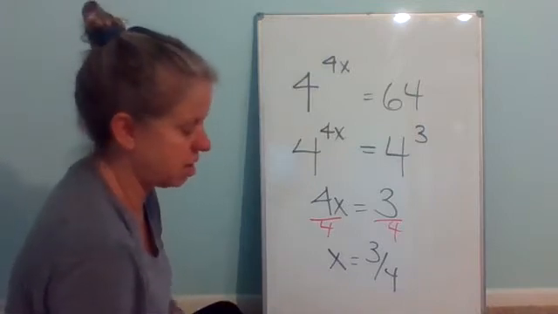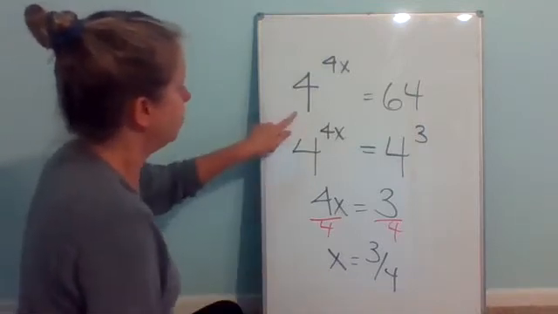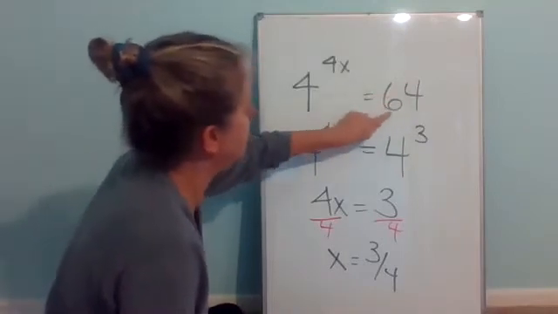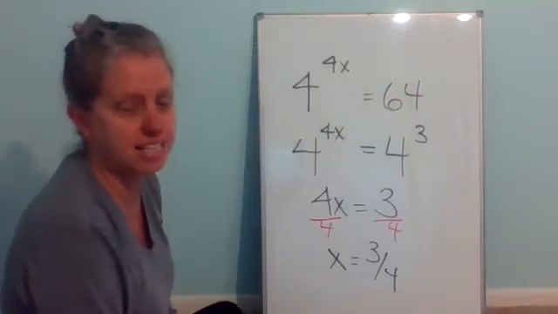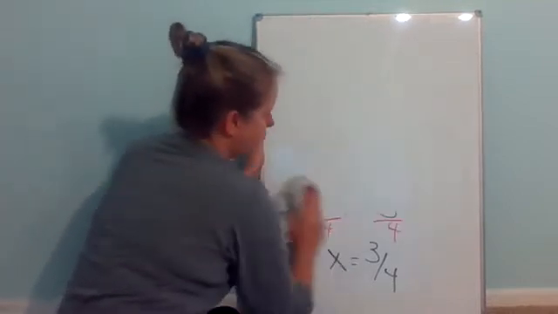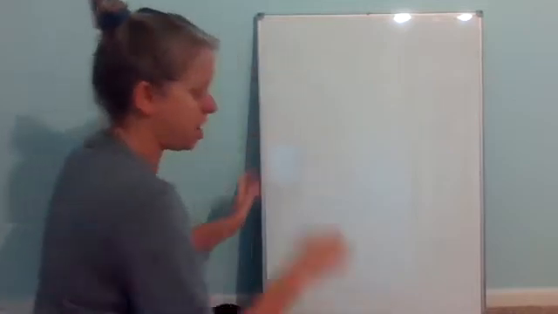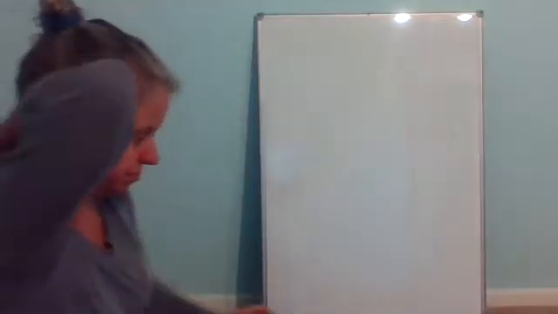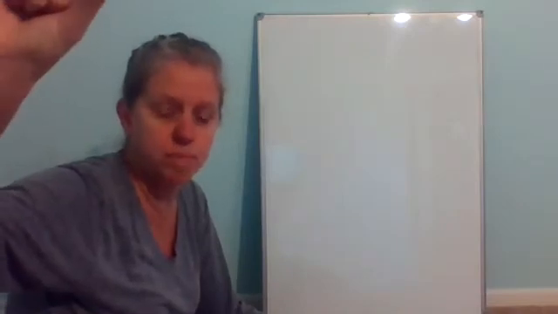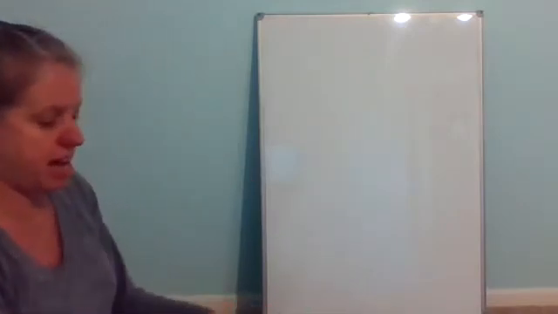But when we get to number 3, we're not going to have this case where you can rewrite the right side to have the same base as the left. So that's when we're going to have a different method. Now remember, there is a property of logarithms that if you have an exponent of your logarithm, what did that property tell me I could do?